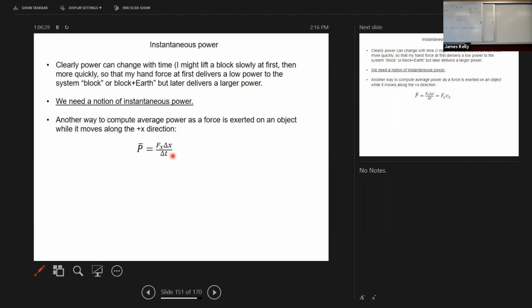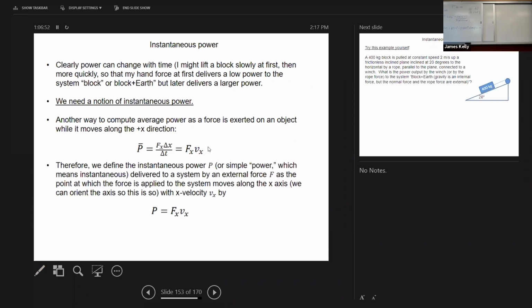And then if I associate this delta x and delta t together, delta x over delta t is the average velocity over that period of time, right? And if we take the limit as delta t gets smaller and smaller, that average velocity would turn into the instantaneous velocity. So this gives us a formula for the instantaneous power.